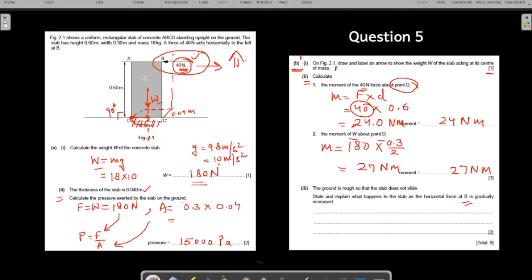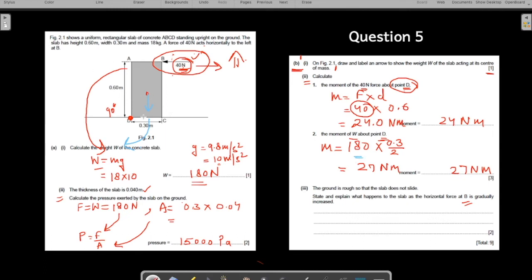A moment is also increasing. Let us take the pivot. Around which point will the turning happen? The turning will happen around the point D. That's why we were calculating all the moments around point D. As this force 40 is getting increased, the anti-clockwise moment is increasing, whereas the clockwise moment due to the weight is the same because the weight will not increase.